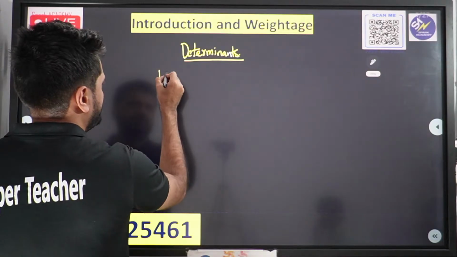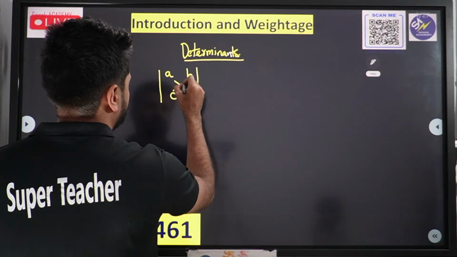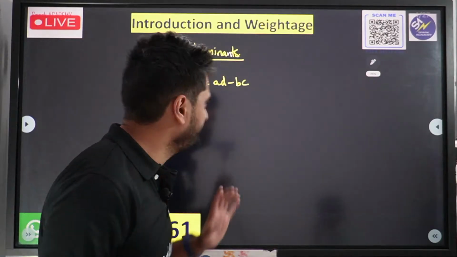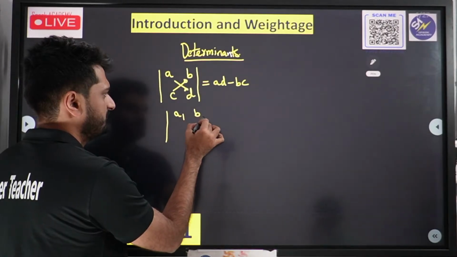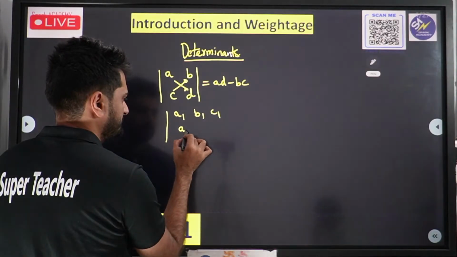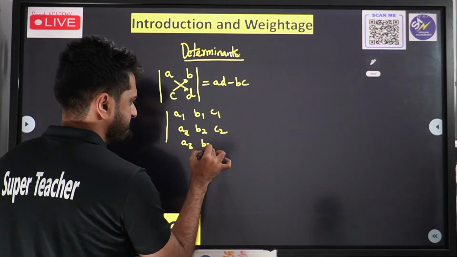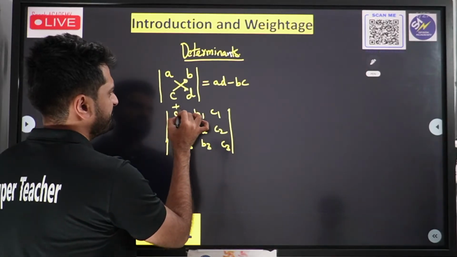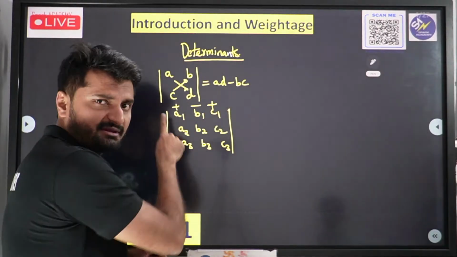So first, take a 2x2 matrix A B C D. Its determinant is nothing but AD minus BC. I think all of you know this. Now what if you have something like A1, B1, C1, A2, B2, C2, A3, B3, C3? You can just give plus, minus, plus signs. Use your fingers to cover this row and this column.